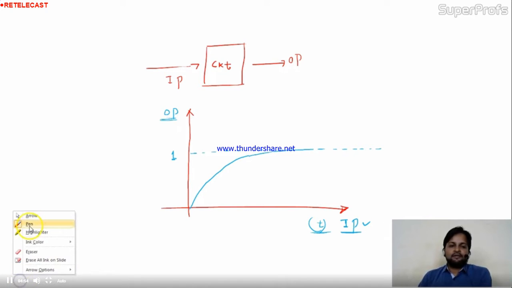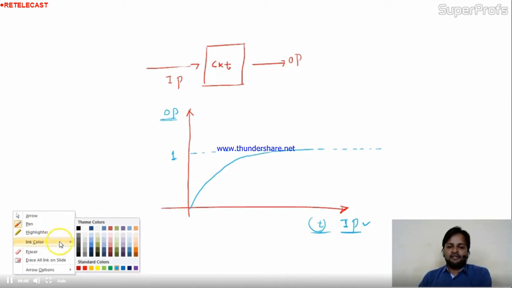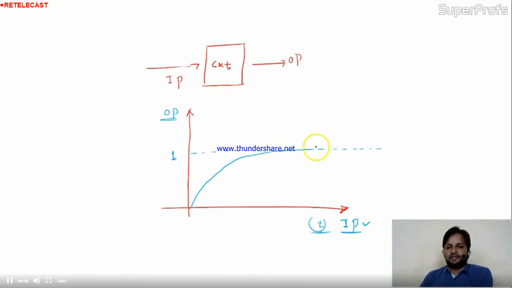In this graph, if you observe carefully, we see two types of situation. From 0 up to here, we are getting this varying relation between input and output. Input is increasing, the output is increasing.